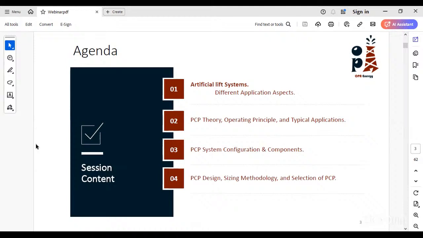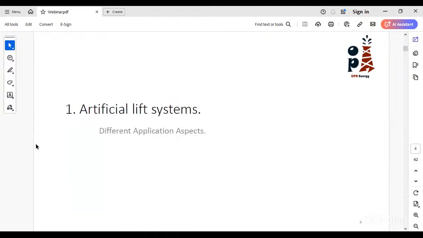After that, we will take a small presentation on the configuration of the PCP system and different components and parts of the system, starting from the surface equipment, moving to the rod string and to the downhole equipment. After that, we will take a short example on how to design the PCP system, how to choose the best sizing for your PCP, different elastomers, and the selection of different components of the PCP.